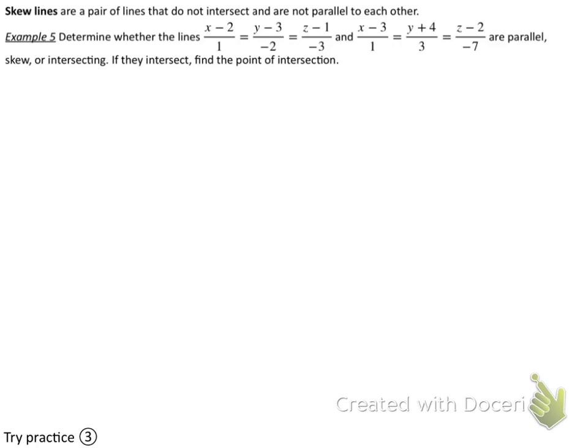Last, we are going to talk about how 2 lines are displayed in R3 space. Skew lines are a pair of lines that do not intersect and are not parallel to each other.